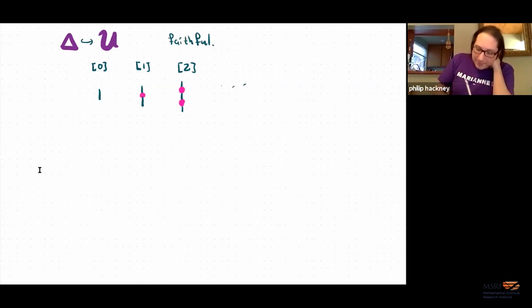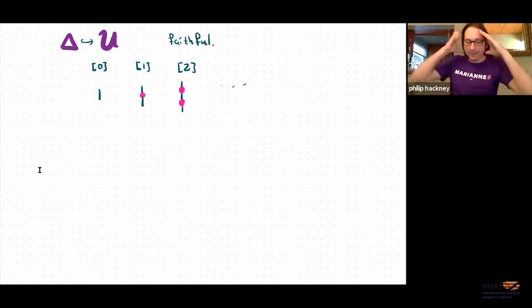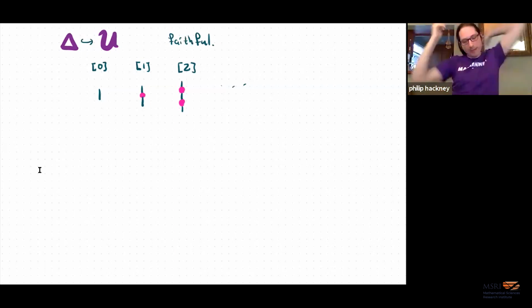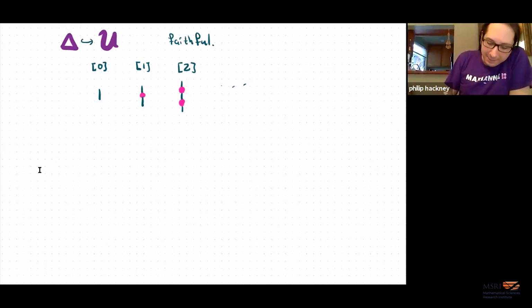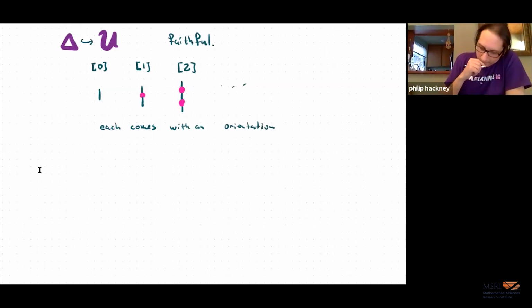And the morphisms that I've written down before are maybe more morphisms than you have in delta. So each of these I can think about as coming with an orientation. And the maps in delta are exactly the ones that preserve that orientation.